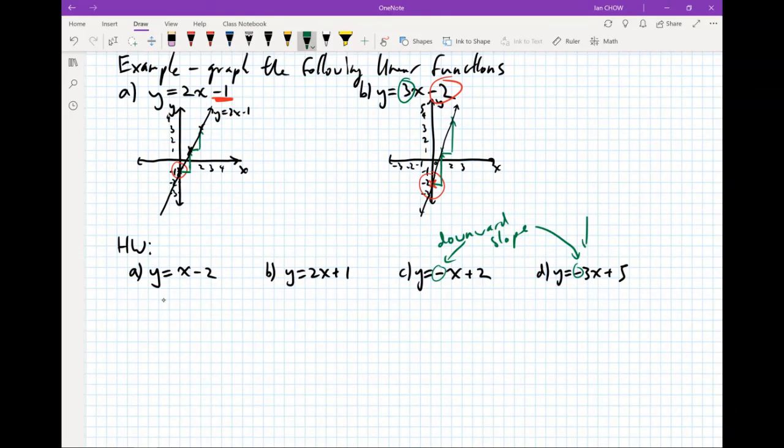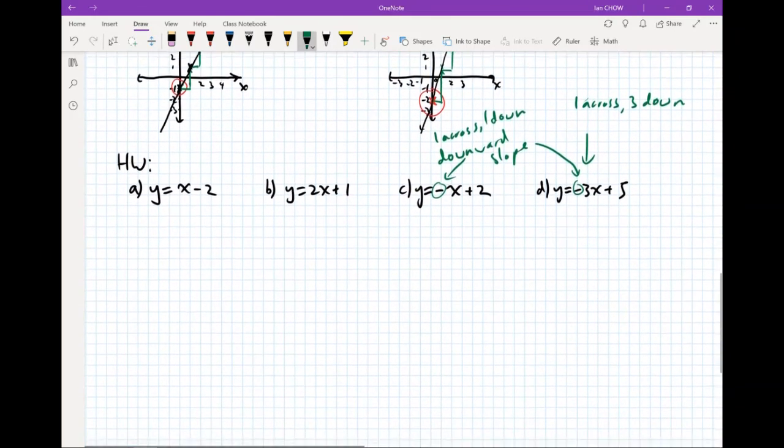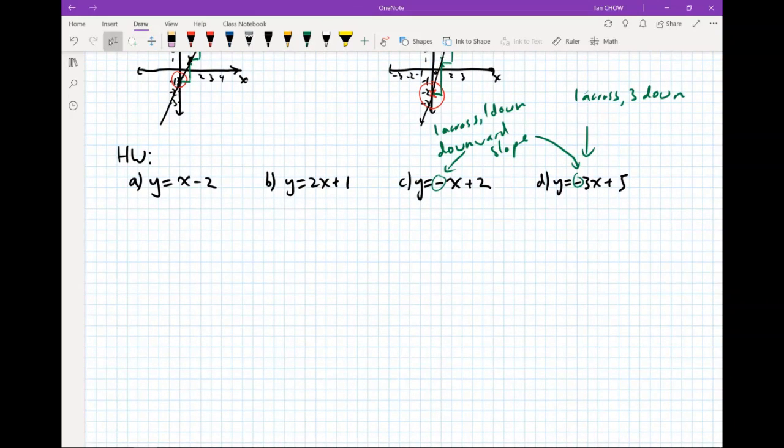So I'm just quickly reminding you, this means 1 across and 3 down, and this will be 1 across and 1 down. That's what it means. So I want you to plot these 4 graphs for your homework.